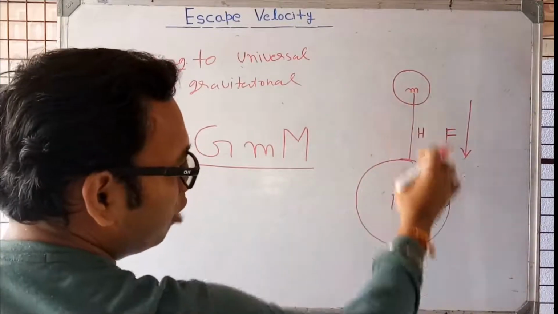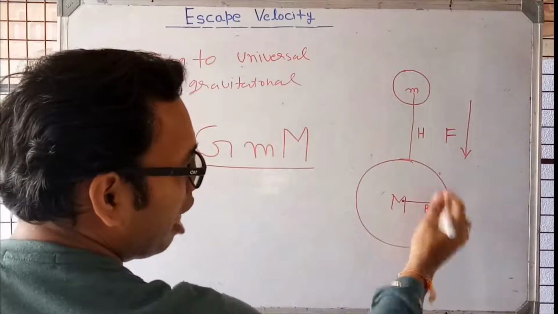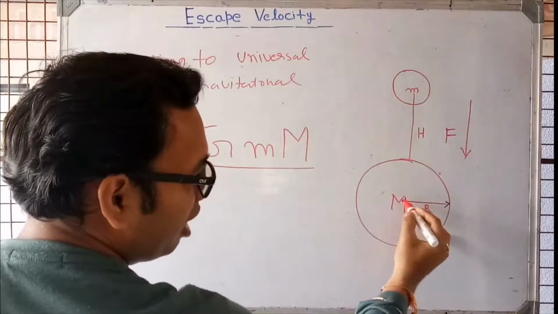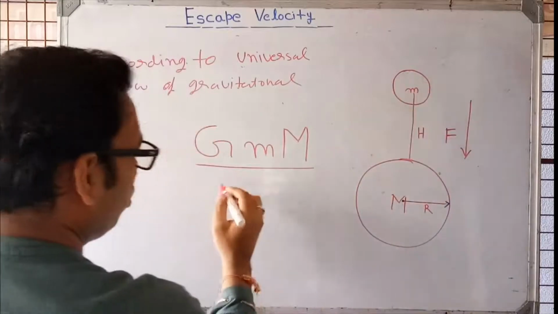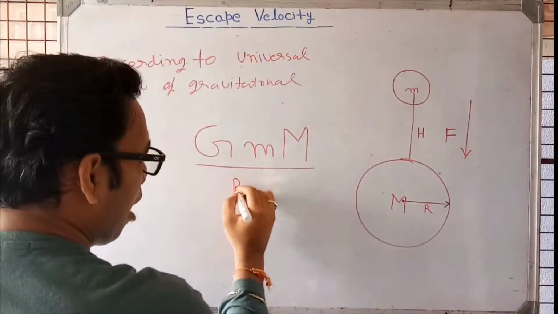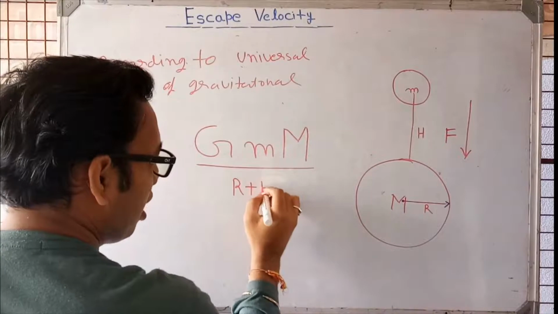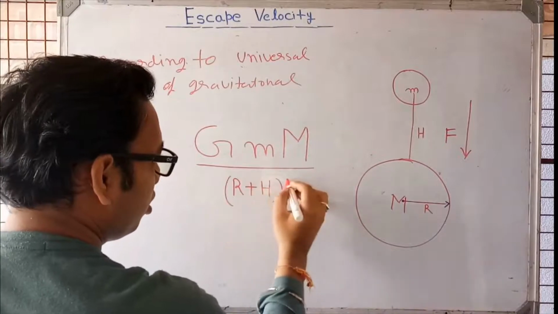So what is the distance between these two objects? Capital R plus h, from the center of earth and the height. So we can say (capital R plus h) squared.